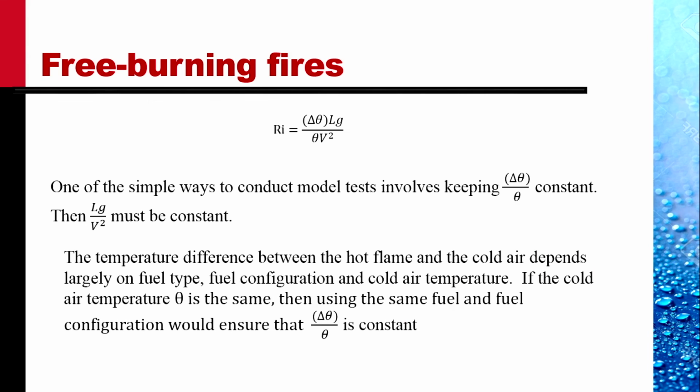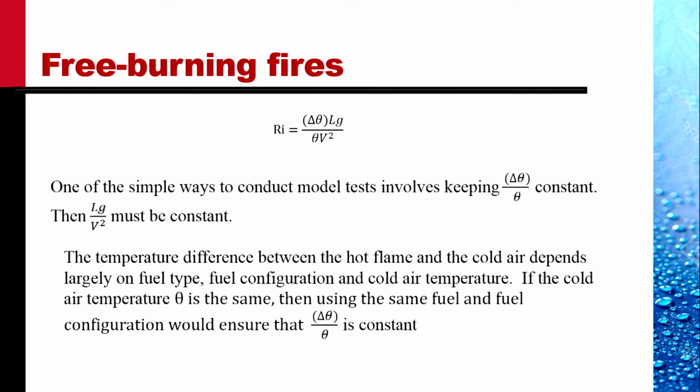Now we want to conduct tests on a small fire to model a large fire. One of the simple ways to conduct a model test involves keeping Δθ by θ constant. And if we can keep Δθ by θ constant, then Lg by V squared is a constant.